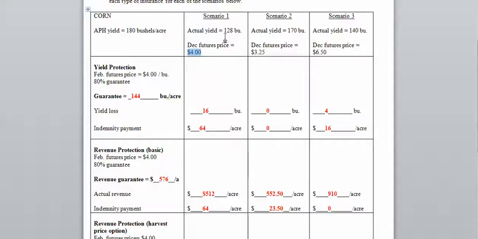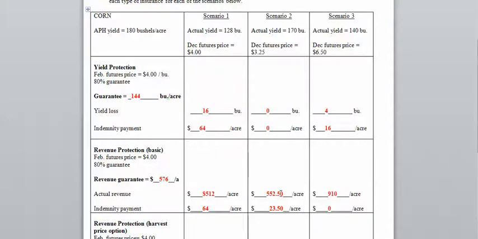So our yield was 128 times our December futures price of $4 gives us an actual revenue of 512. Now we're guaranteed 576, and we only had an income of 512. So we have an indemnity payment coming to us of $64 per acre.